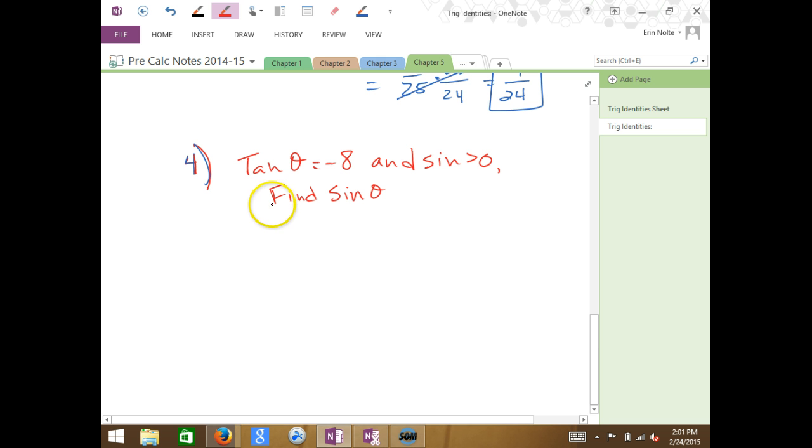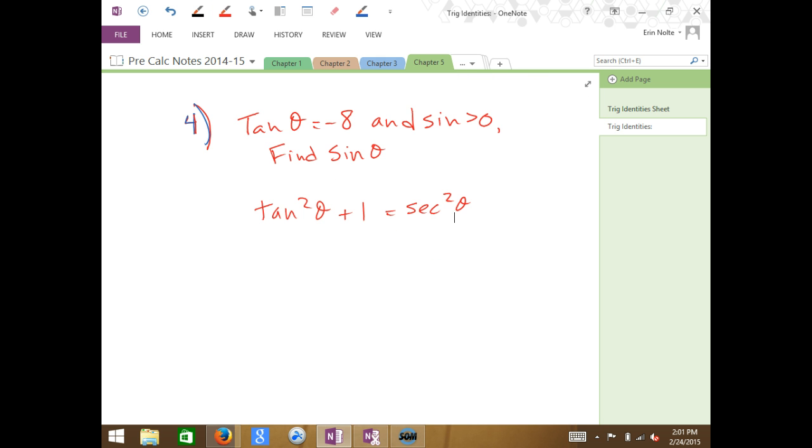You see the second one looks like tangent squared plus 1 is equal to the secant squared. So all I'm going to do is replace the tangent with -8. On the left-hand side, since it's tangent squared, I should really have -8 squared plus 1.